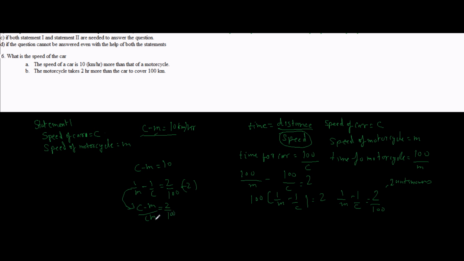When I see this, I realize that the left hand side in both the cases is not the same. Here it was c minus m, here it is c minus m by cm. Here it was equal to 10, here it was 2 by 100. So they are actually two distinct equations. They are not the same, unlike the previous question.